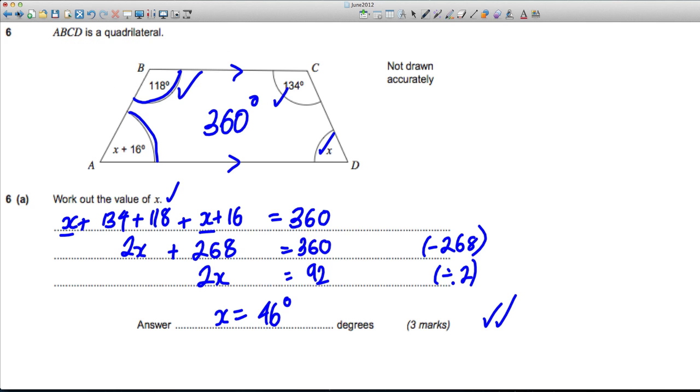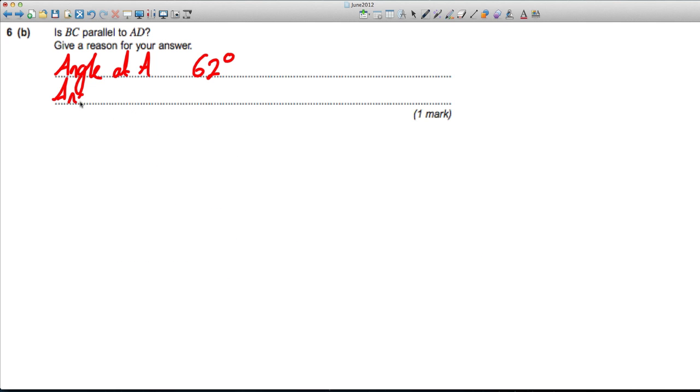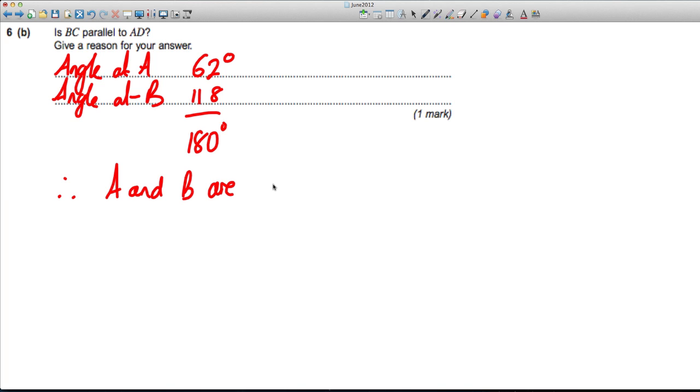Okay, I know the angle at B is 118. If you add those two together, you get 180. So therefore, A and B are, not corresponding, are interior angles.